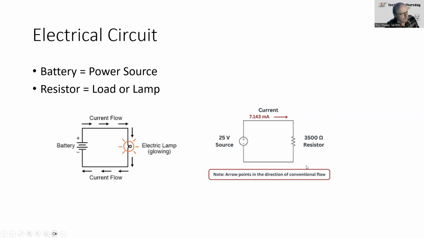And if we were to draw it out, we have a 25 volt source and we have a resistor here. In this case, it's 3,500 ohms. And then if we measure the current, we'll end up with 7.1 milliamps. And we'll actually be doing some measurements.